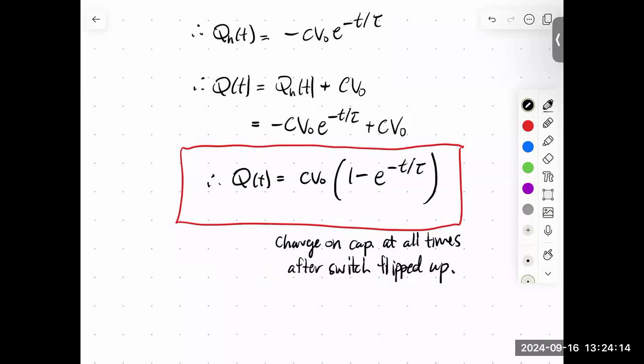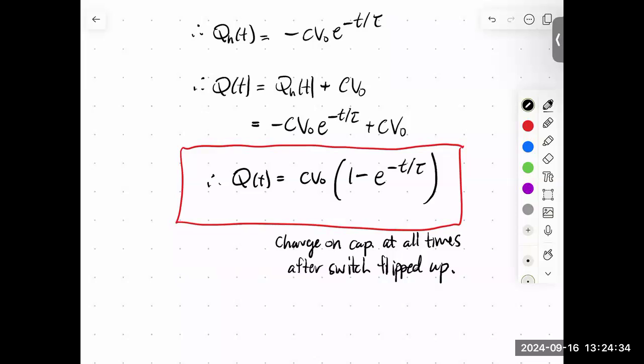There's two things we could check. We could check the solution at t equals 0 and the solution as t goes to infinity. So at t equals 0, we needed our capacitor to be uncharged. So if I put in 0 here, I get e to the minus 0, which is 1. 1 minus 1 is 0, and so the charge is 0.